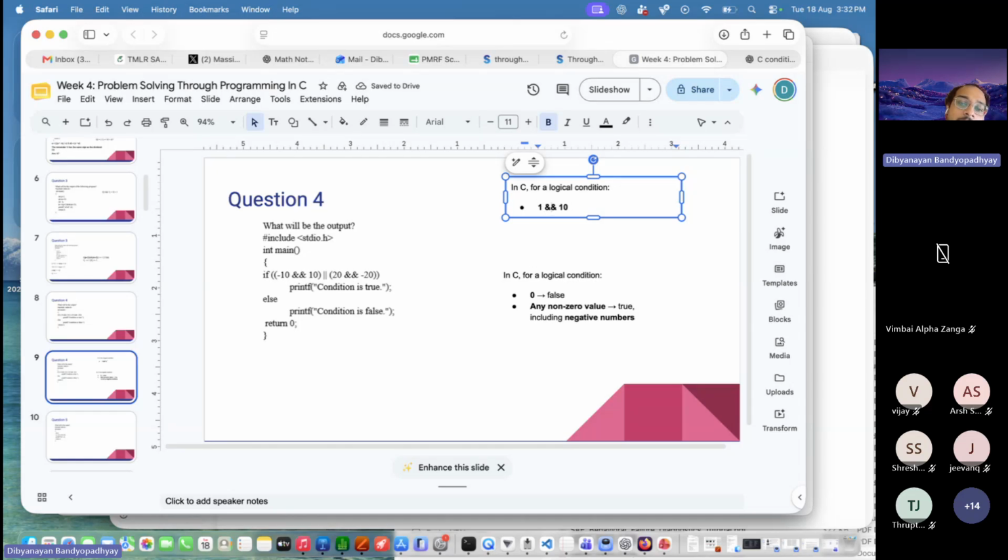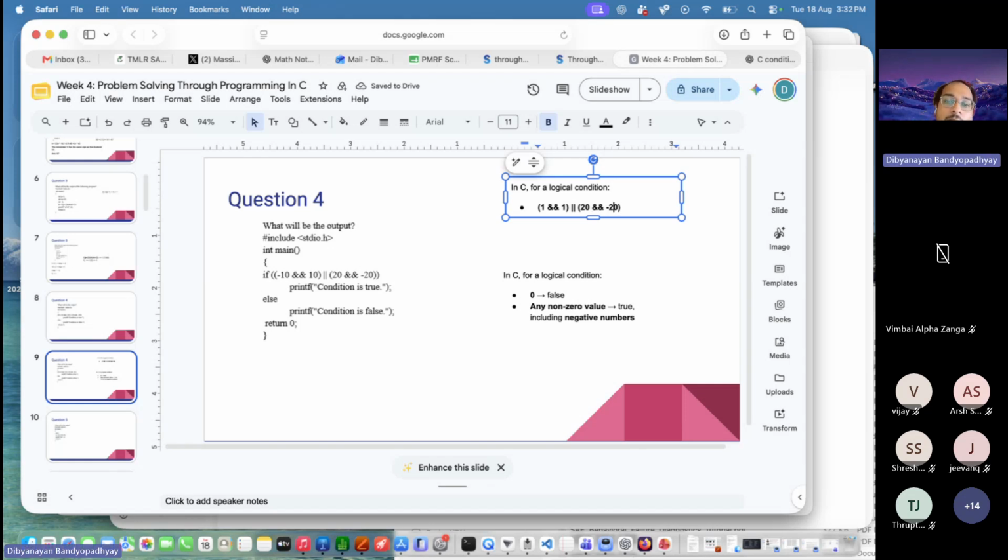If it is any non-zero number, it is basically 1. And 10 also means 1 because it is a positive number. So this is the first part. And the second part is or 20 and -20.